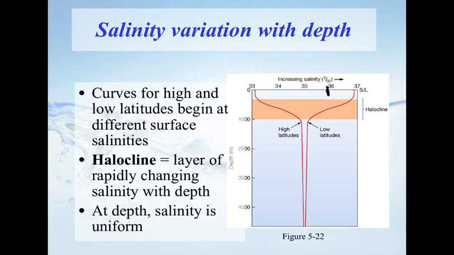Thermocline is where temperature changes rapidly with depth. So halocline is where salinity changes rapidly with depth. And because they're both related to density, they tend to occur in the same spot, somewhere between 200 and 1,000 meters. Ours would look more like this. Oh, I drew that badly. Let me redraw that. Ours would start out saltier and then follow the same curve.